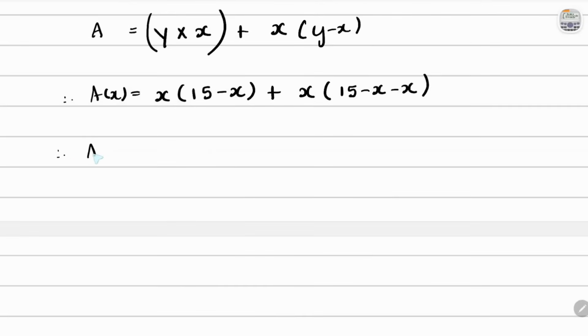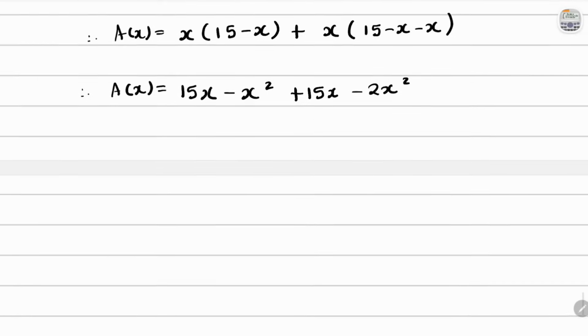Okay, so A of x is equal to, and that's going to be 15x and negative x squared. And then we distribute that, that is 15x. And when we distribute, that's just going to be negative 2x squared. So minus 2x squared is what we have there.